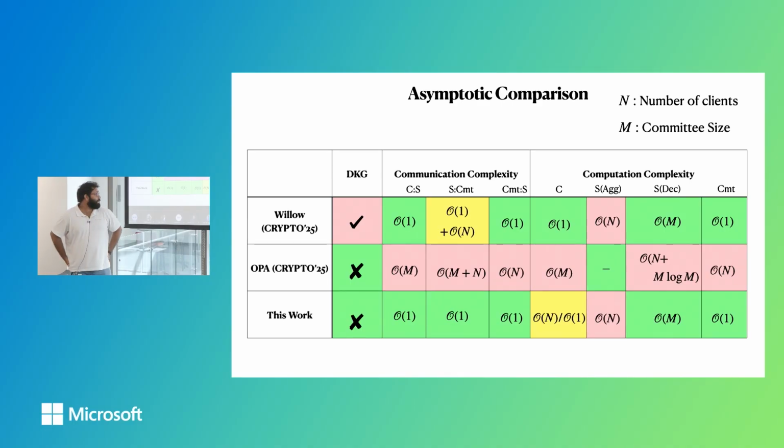Yeah, exactly. I'll show you next. We find a way to aggregate the ciphertexts from clients, and we only need to send the aggregated ciphertext to the committee members. So it's just a constant size ciphertext.